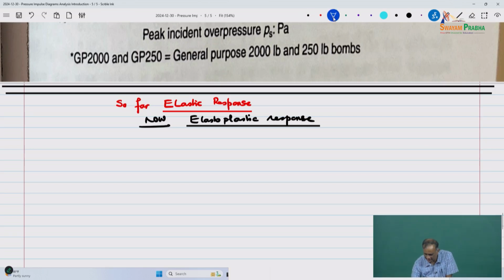And primarily the reason is, in normal loading, your elastic response is sufficient.